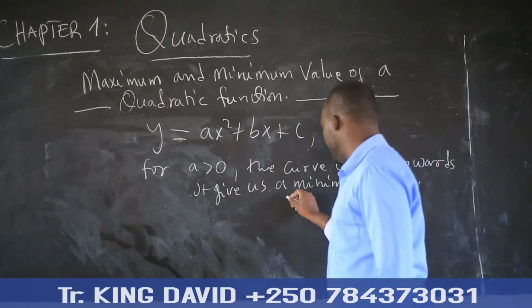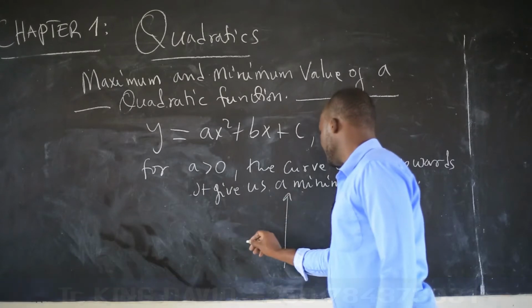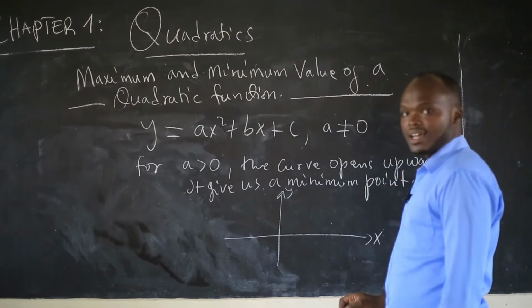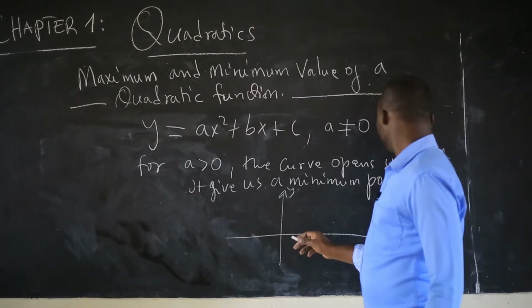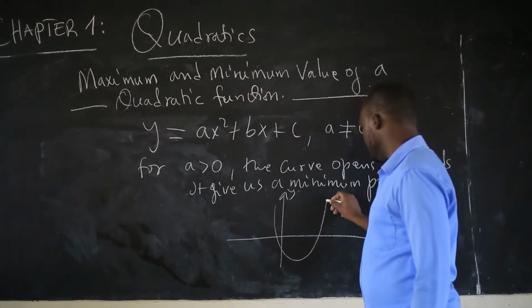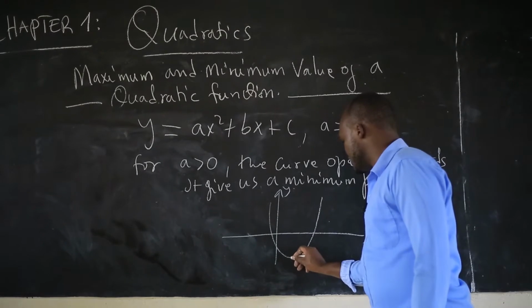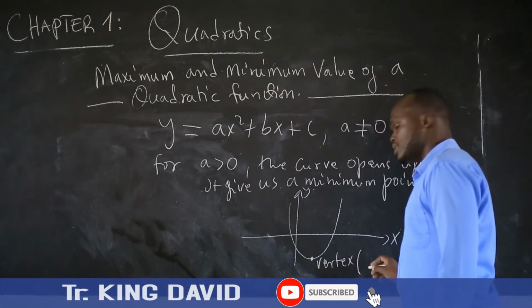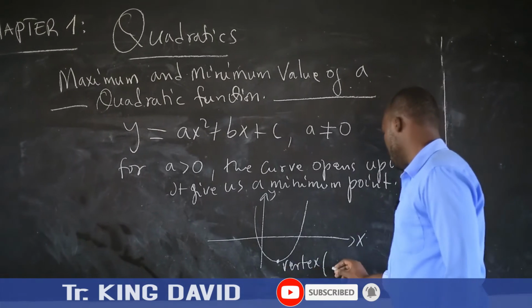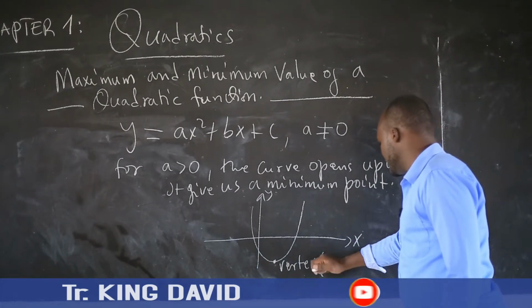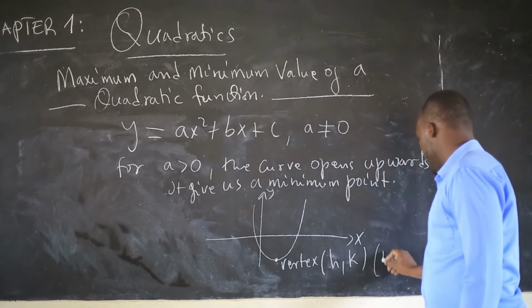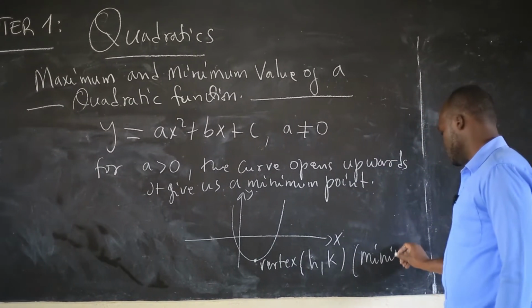Where you find that you have a curve, this is the y-axis and that is the x-axis. It will open upward, so you find this is a vertex. That is a vertex, which is now the minimum point. Our vertex here is (h, k), which is also the minimum point.